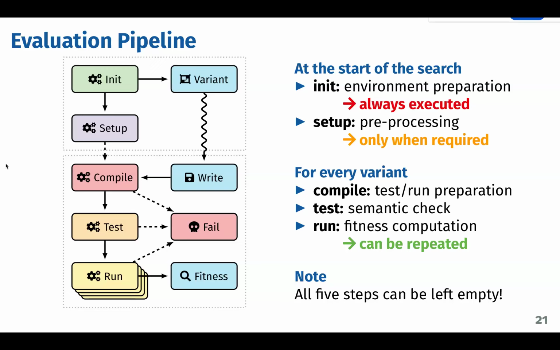Init is done even before Magpie starts, and we will see examples of why that might be interesting. Setup is basically for pre-processing, and we will also see examples of when this can be interesting to do. The main example would be to pre-compile your software.